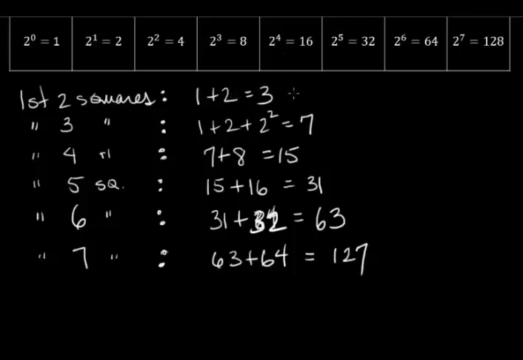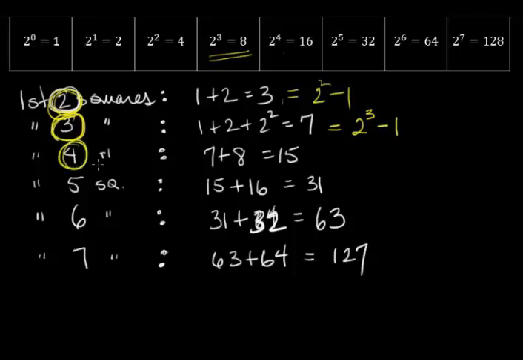You could even notice it looking up at these values along the first row. Here we get the sum on the first 2 squares is 3, which is, now put it on pause, you should get this yourself, equal to 2 squared minus 1. 7 is equal to 2 cubed minus 1 on the 3rd square.